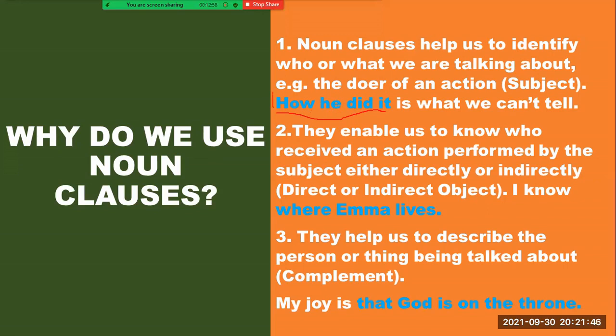When we analyze this sentence, you discover that this noun clause occupies the subject position. And by occupying the subject position, it helps us to identify who actually is being talked about, what we are talking about. What we are talking about is how he did it.